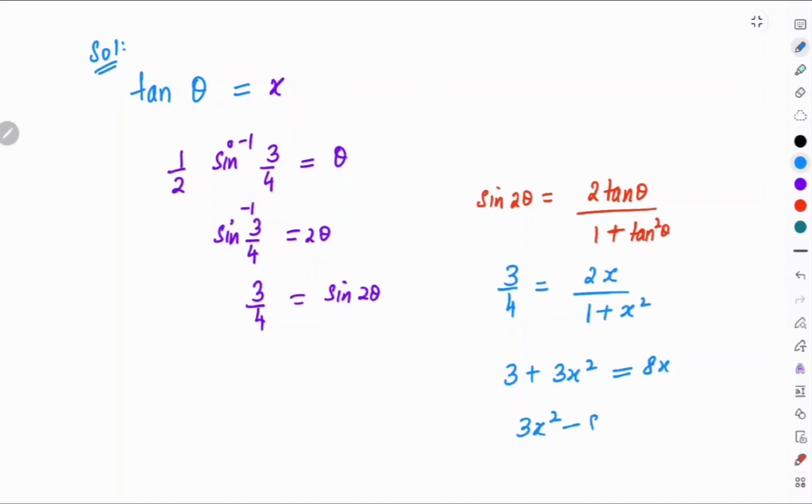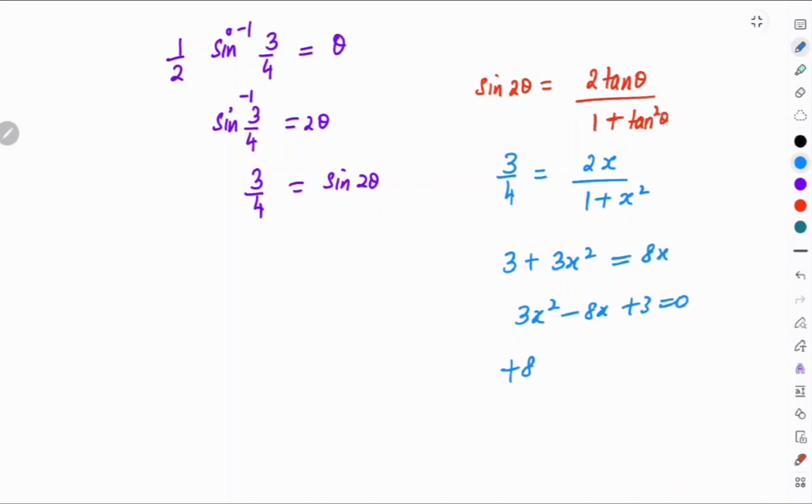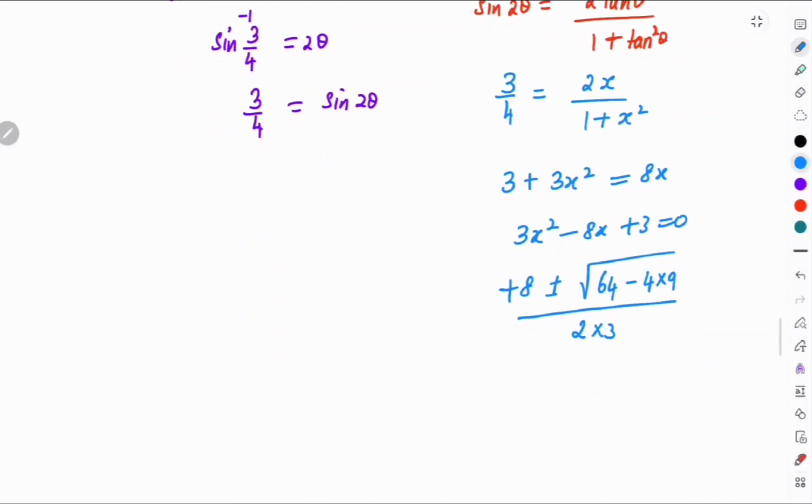So 3x² − 8x + 3 = 0. Using x = (−b ± √(b² − 4ac))/2a, it becomes (8 ± √(64 − 4·9))/(2·3). So 64 minus 36, we have 28.